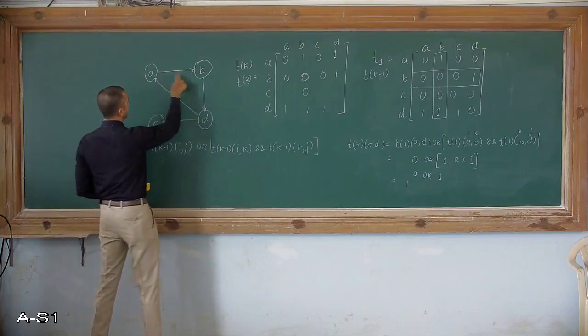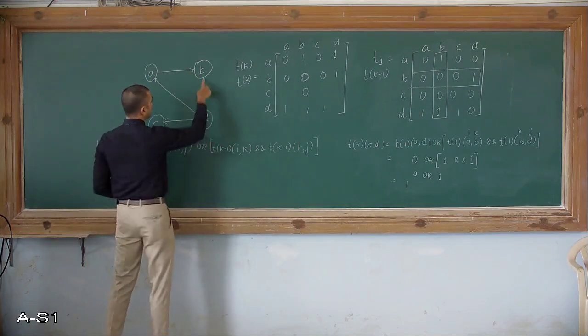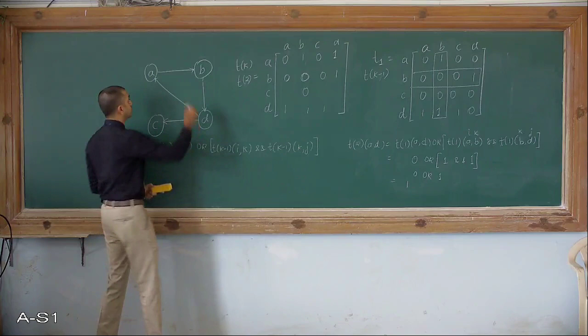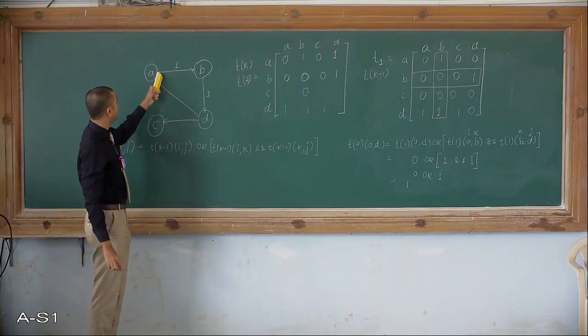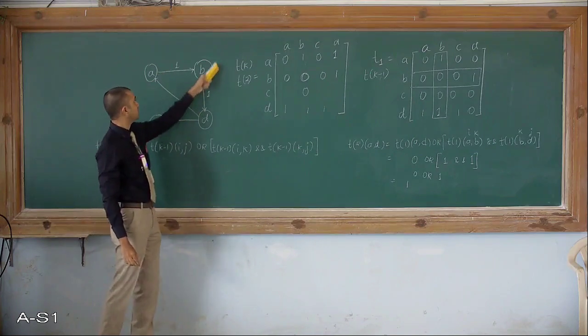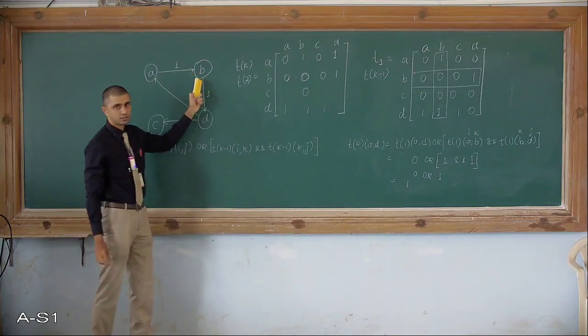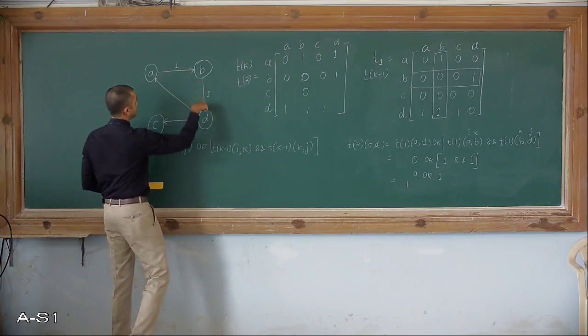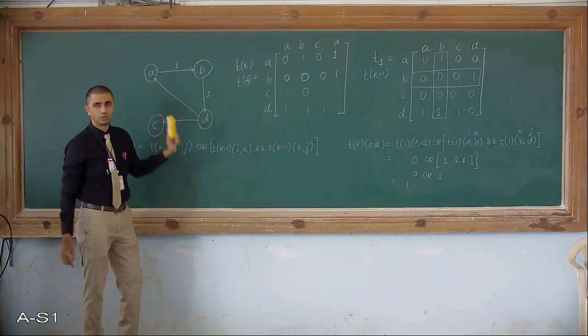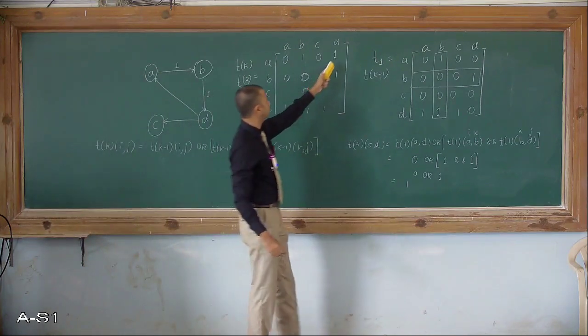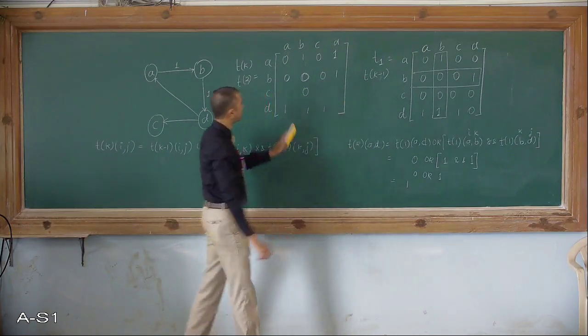A to B is an edge. True. B to D is an edge. True. So this is also 1, which means that I can have a path from A to D using the intermediate vertex B. So transitive closure is applied to this particular graph from A to D. That is why it got converted to 1. I hope this is clear.